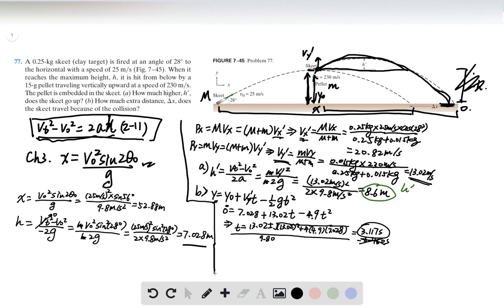This is the time that is traveled by the skeet after. So this motion will take 3 seconds. So we will be able to find how much distance it is by just multiplying. So what should I call it? Let me call it x after.